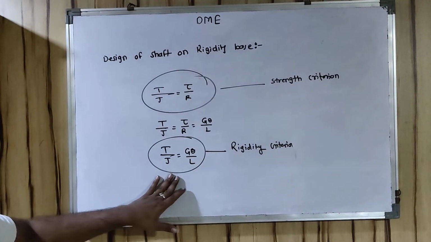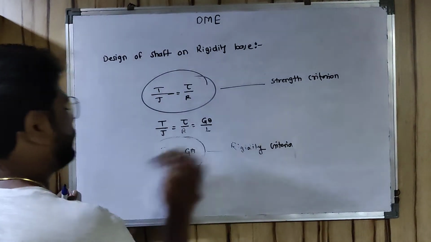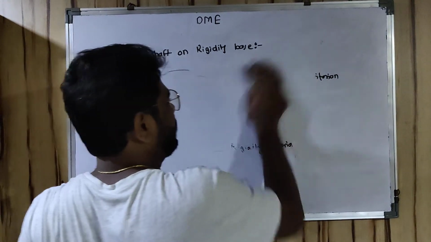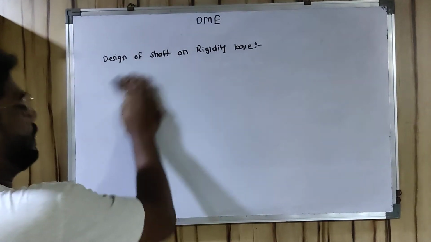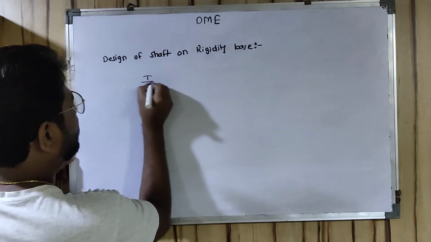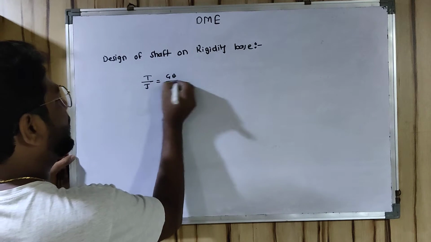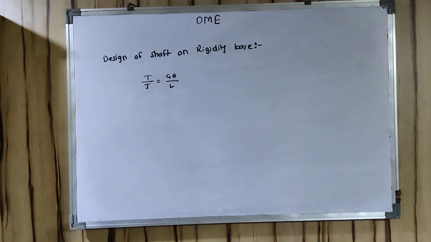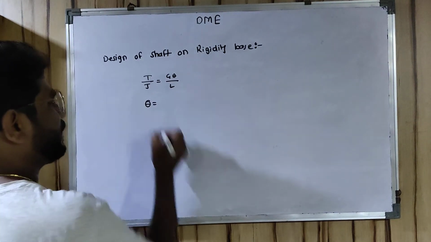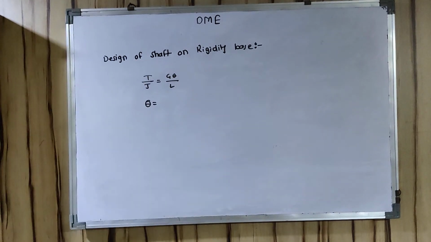Now we use this criteria. Okay. So T by J is equal to G theta by L. Torsional rigidity, it is nothing but theta. It is called stiffness.